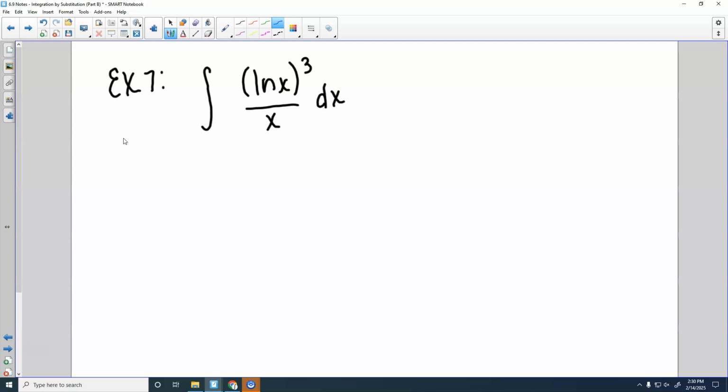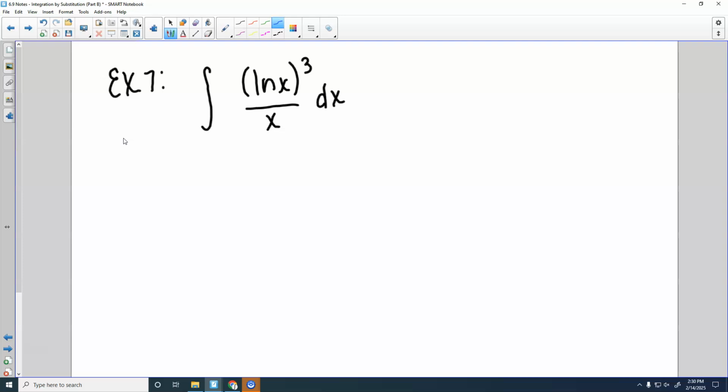So, in this case, the last two that we did, the denominator was the u. But if I let the denominator be u here, u is just x, right? Which really doesn't do anything except change your x's to u's. It doesn't help at all.